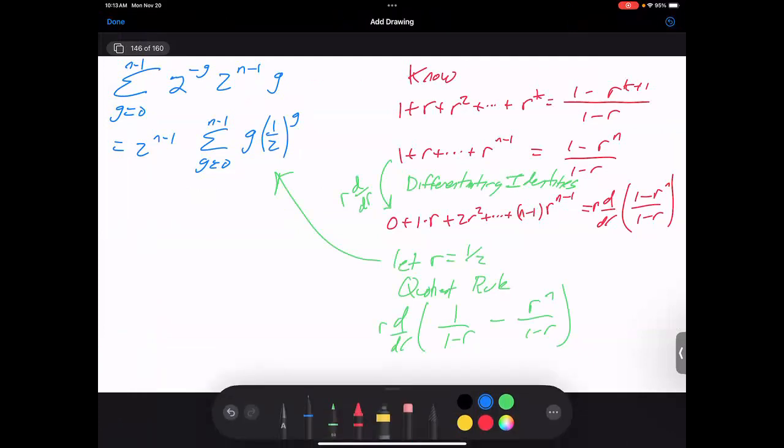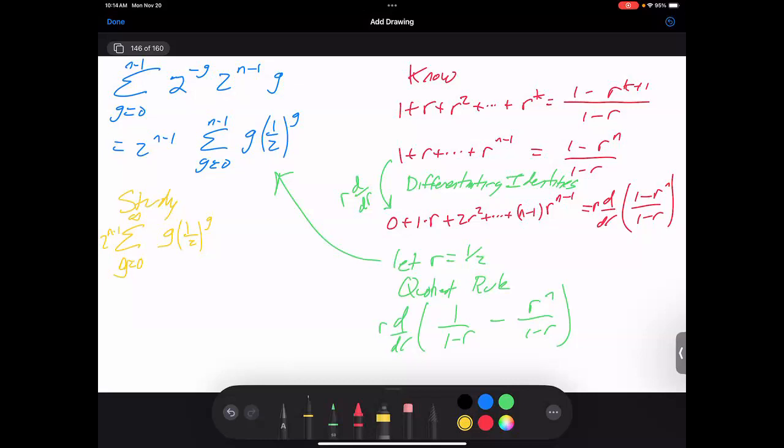Let's just study the sum, g goes from 0 to infinity of g times 1/2 to the g, and then we'll have a 2 to the n minus 1 outside. The difference between that and the sum we have to study is so small it doesn't really matter as n gets large. If n is small, like 1, 2, or 3, then it makes a difference. But when n is really large, it makes no difference.